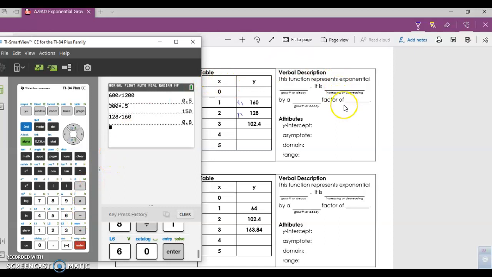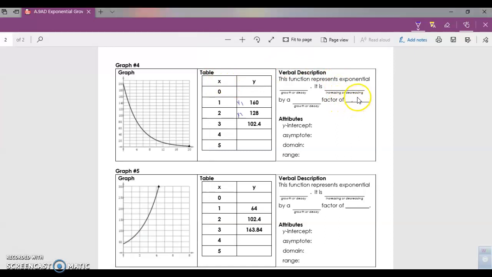So we know our factor here is 0.8, which matches the graph because our graph is going down from left to right. Therefore, this is a decay graph, and our rate of decay is 0.8, which makes sense. It's less than 1. Anytime your rate is less than 1, we're talking about exponential decay. If it was greater than 1, we're talking about exponential growth.